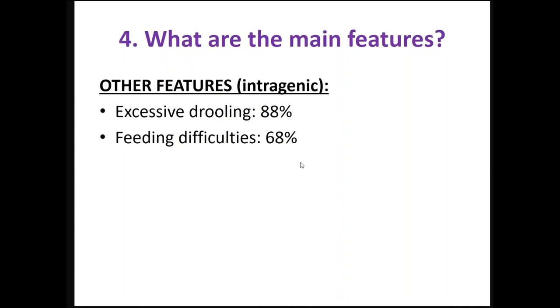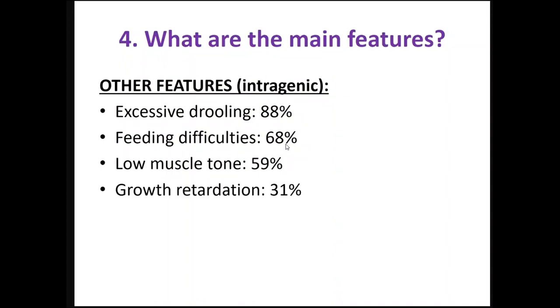This can happen with or without a cleft palate. Those that have cleft palate, of course, have more mechanical issues, but we've seen that there's other feeding problems, not just appetite, but sometimes putting too much food in their mouth, or sometimes chewing. Low muscle tone as well can happen about 60% of the time.